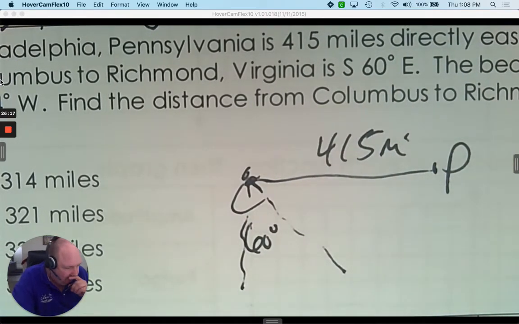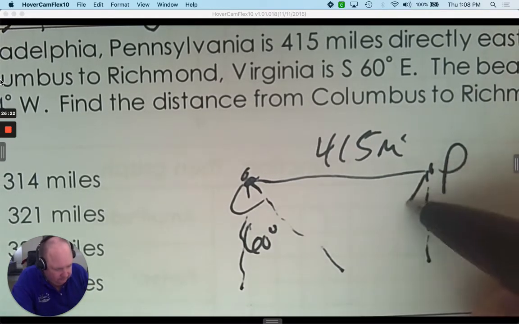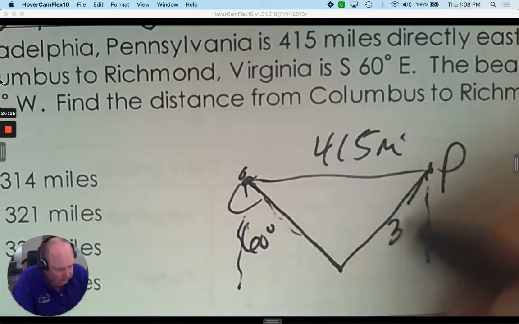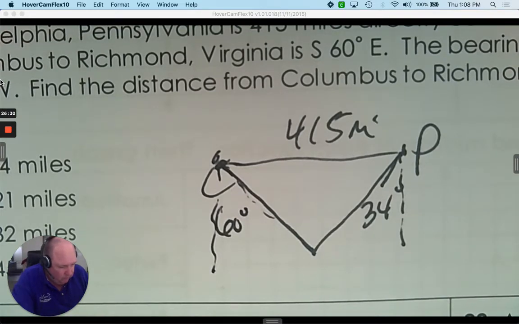And the bearing from Philadelphia is south 34 degrees west. And then the question is, find the distance from Columbus to Richmond.